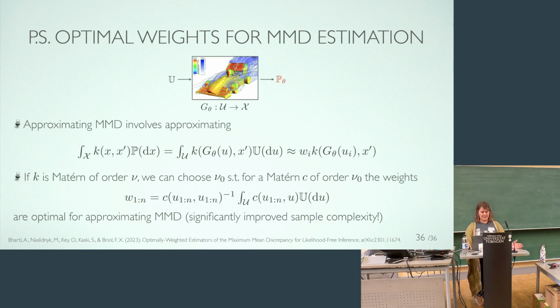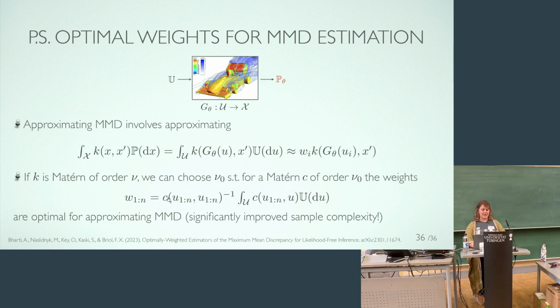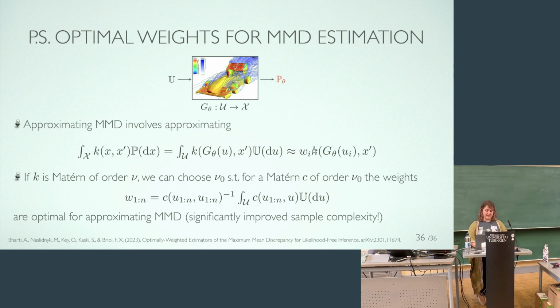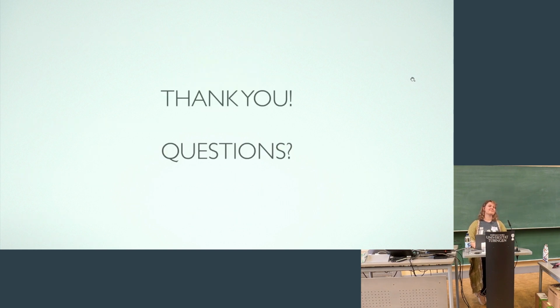We can show that in a certain setting, under certain assumptions about the newly introduced kernel C, this set of weights is optimal for the approximation, and this method with this new optimal set of weights has a significantly improved sample complexity from the naive statistic estimator and the previous state of the art, which is QMC. And if this is something that you're interested in, go check out the paper and our results on it. That's it.